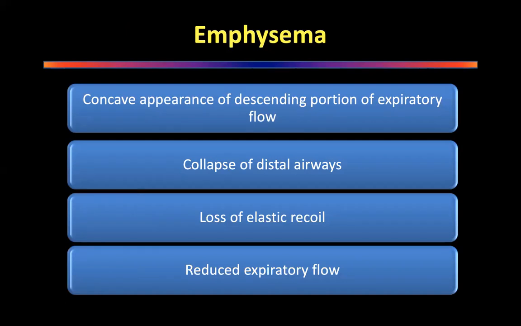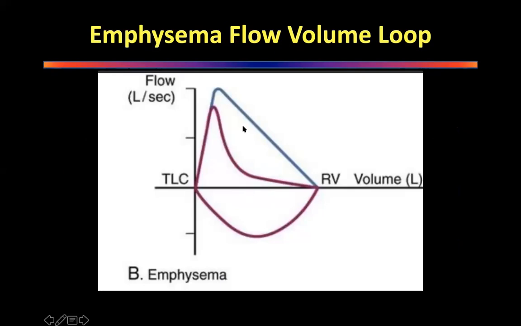It's always an outlet problem, not an inlet problem. So inspiration remains normal, but expiration gets affected, and usually the first flow comes okay, but then the airway collapses because of the loss of elastic recoil, as a result of which the curve, instead of sloping straight, actually becomes concave. So this is what you have to draw.